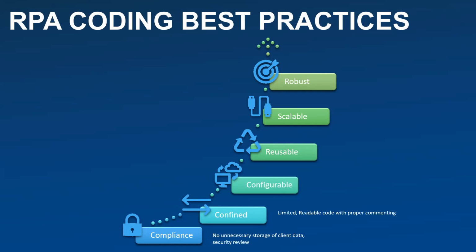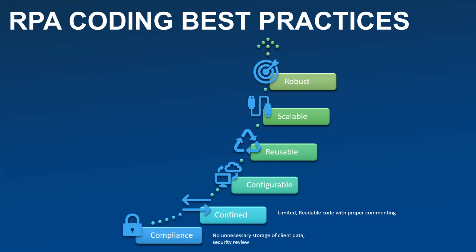Next is confined, which means your code developed should be limited and should not use multiple unnecessary lines of code, for example, wait or message boxes, which are not really used in the production environment. So while you are deploying the bot in production, make sure that these unnecessary code lines are not in the bot.